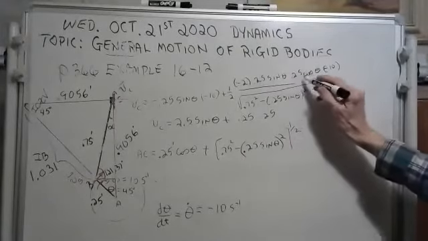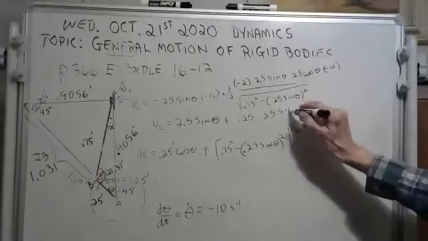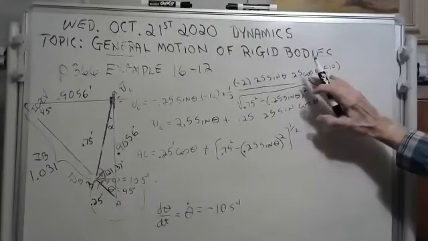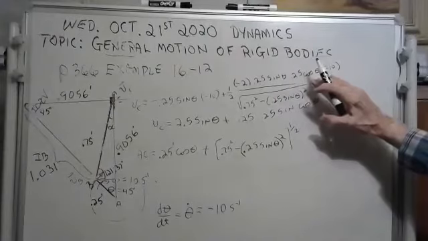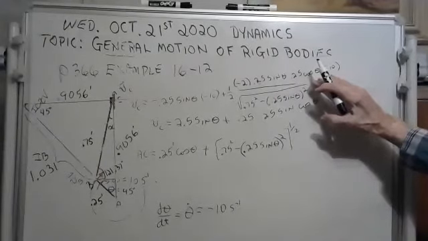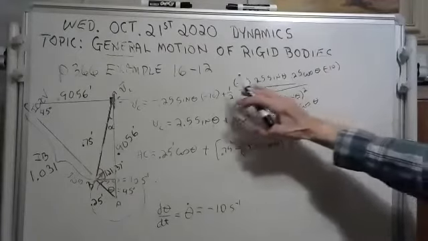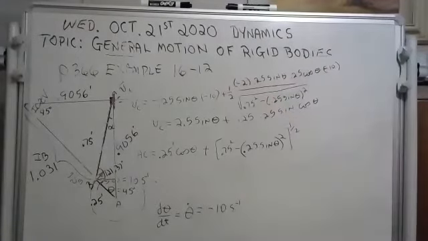And then you have sine theta, cosine theta. We took care of the minus 10 already, didn't we? No, we didn't. No, we got rid of the 2's. And the minuses.